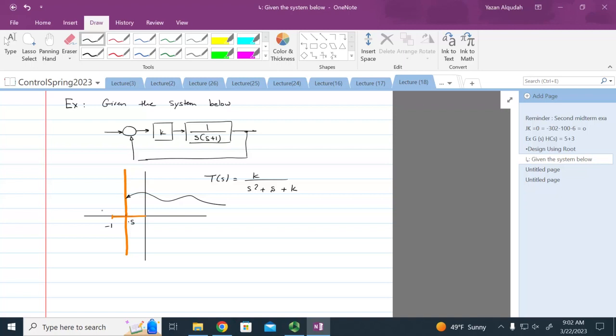Underdamped. So let's say I'm operating at this point here and this point here. The response is going to be underdamped. What is the settling time? The settling time, if you remember, is equal to 4 divided by zeta omega n. What is zeta omega n equal to?